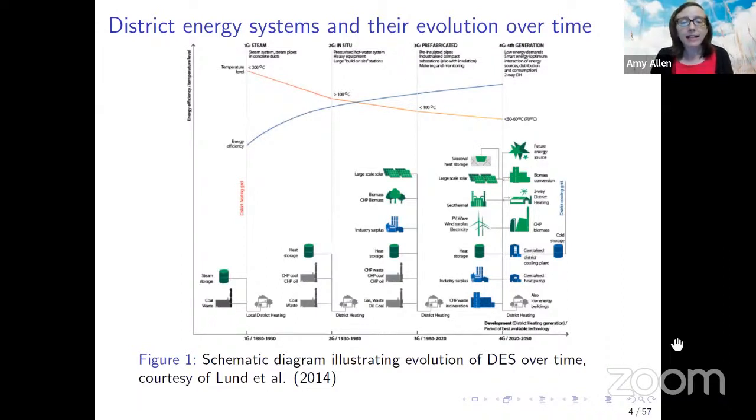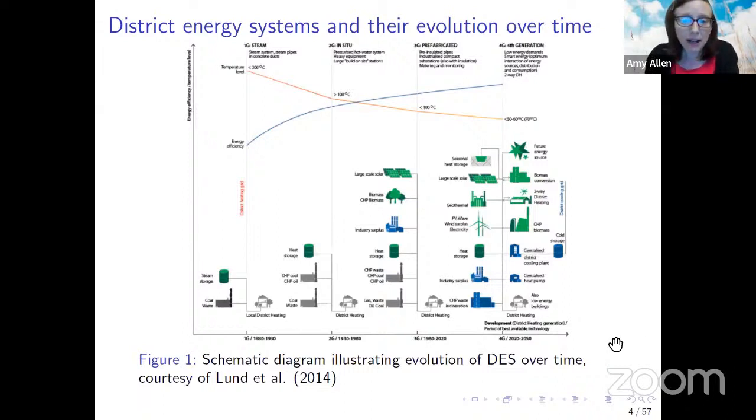Past studies have generally grouped these systems into either 4 or 5 generations, with the development of these systems through generations characterized by a transition from steam to water as the working fluid, and use of water at increasingly moderate temperatures in both heating and cooling modes.